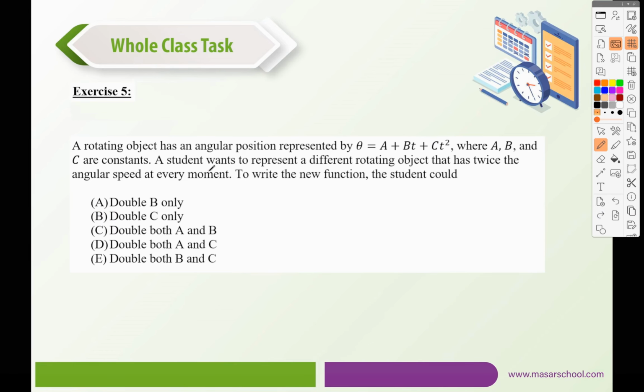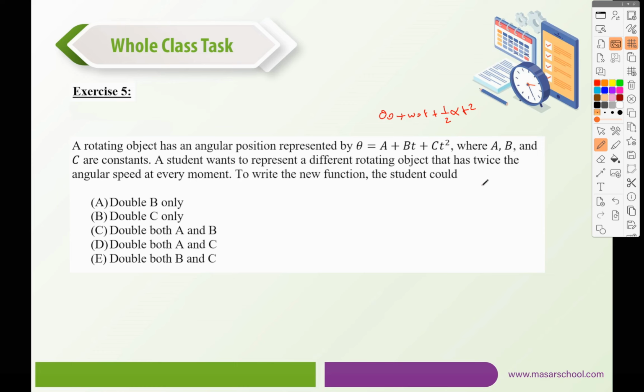Now, a rotating object has an angular position represented by theta equals a plus bt plus ct square, which is in analogy with theta 0 plus omega 0 t plus half alpha t square, where a, b, and c are constants. A student wants to represent a different rotating object that has twice the angular speed at every moment. What does it mean that at every moment the angular speed is twice? It means that the acceleration is double.